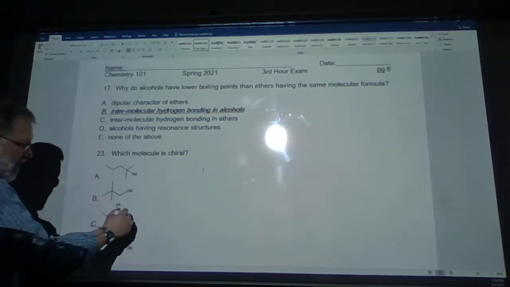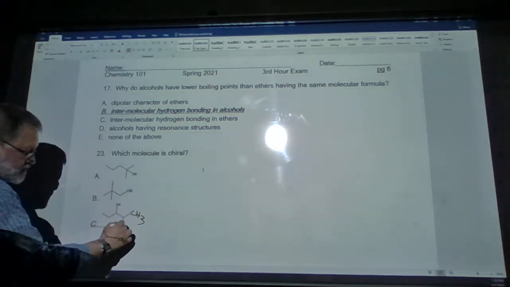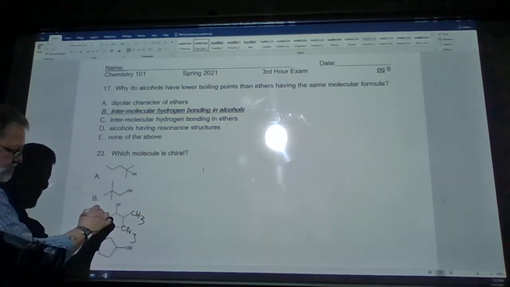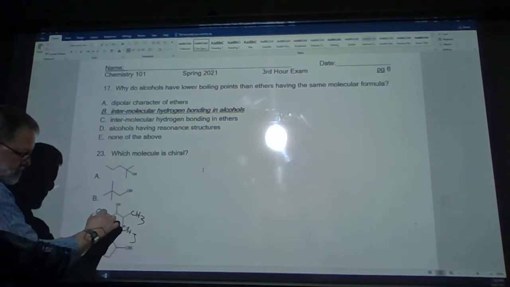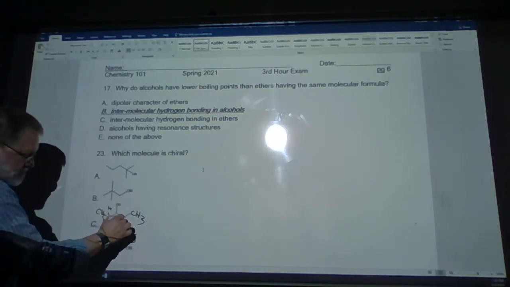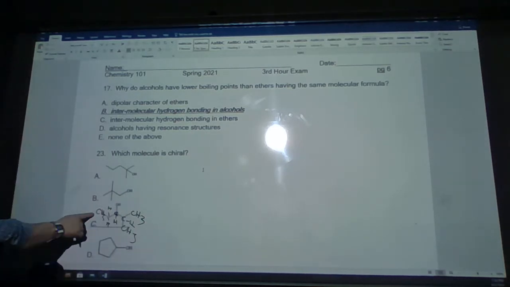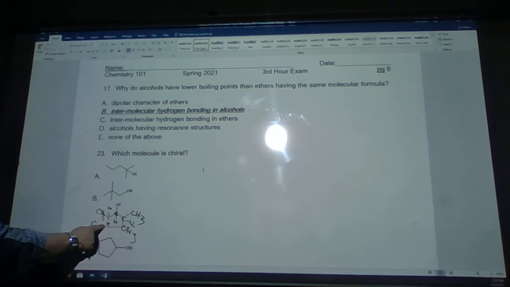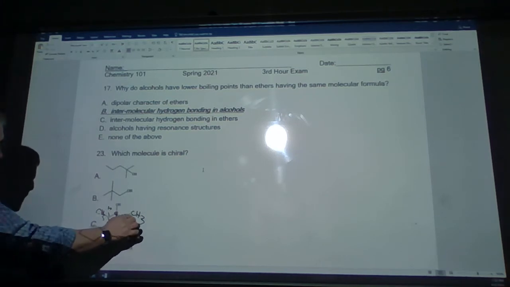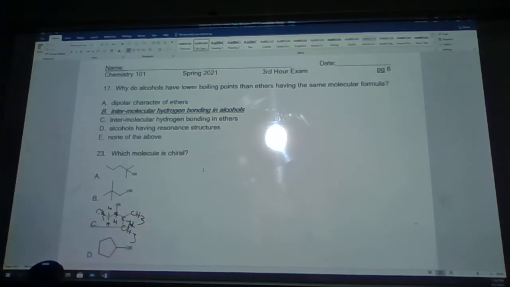Compound C is chiral. This carbon is attached to three hydrogens. That carbon is attached to two hydrogens. These carbons right here are attached to three hydrogens.